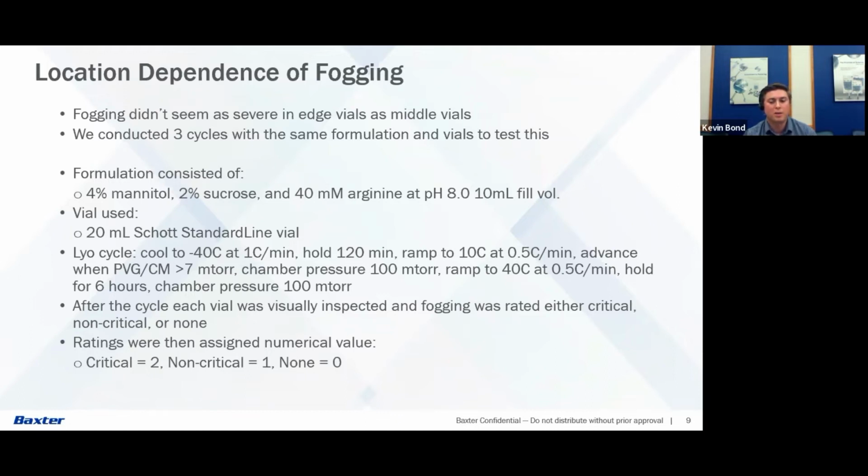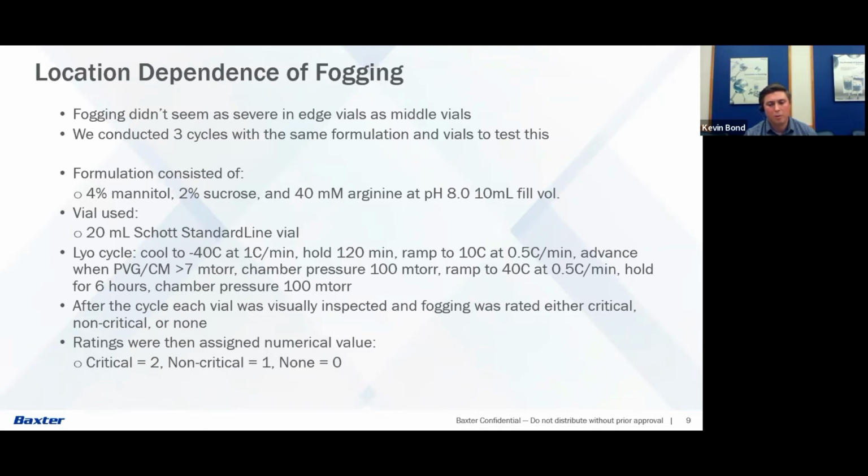We defined non-critical fogging as any vial which did show solution creep up the side of the vial above the dried cake, but that solution creep did not go above the shoulder of the vial. And our last category is critical fogging, which we defined as vials which did have that solution creep up to the shoulder and above.